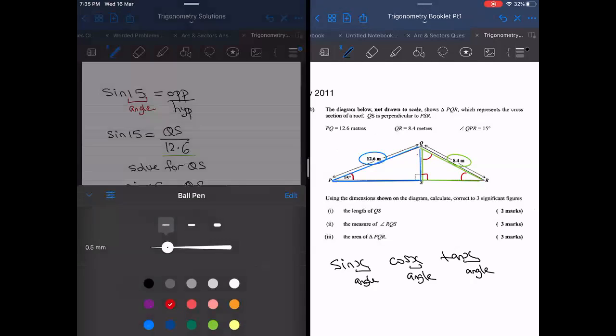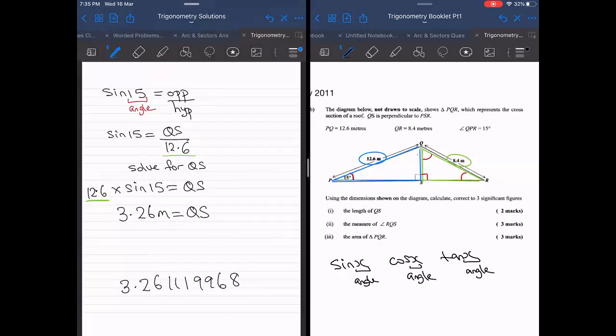Something very important I want to point out: the question asks for 3 significant figures. Just as a little revision, for significant figures, start counting at the first number that is not 0.